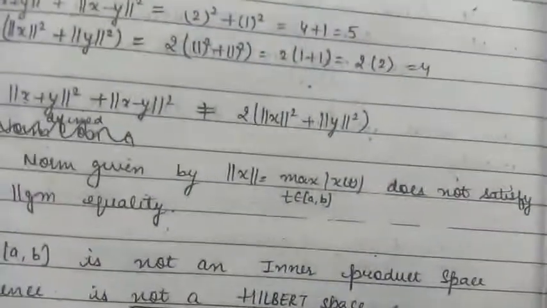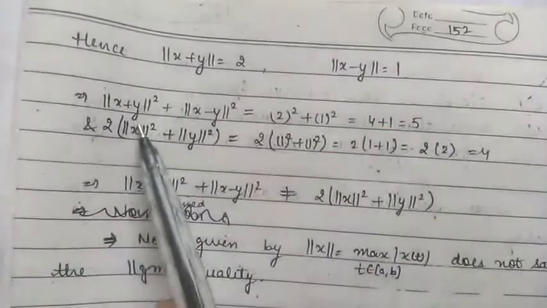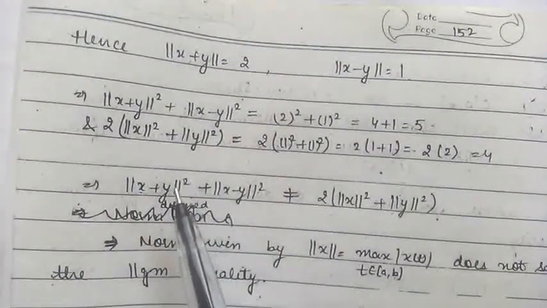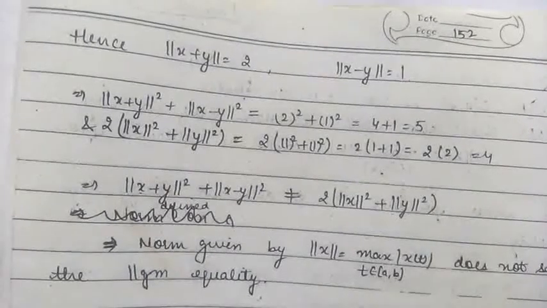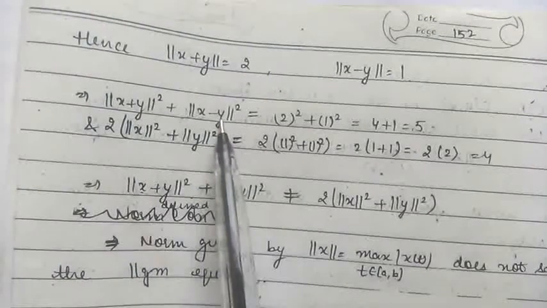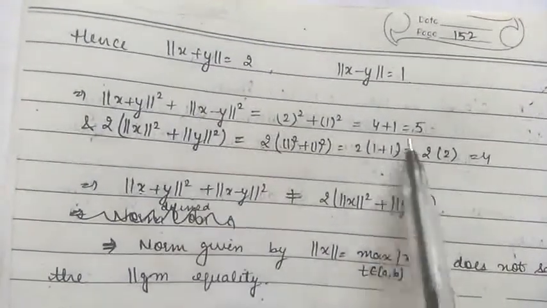Now let us put these values in the parallelogram equality. By definition, the parallelogram equality is the norm of x plus y squared plus the norm of x minus y squared is equal to 2 times (the norm of x squared plus the norm of y squared). Now the norm of x plus y is 2, and the norm of x minus y is 1. So substituting the values on the left hand side, we get 5.